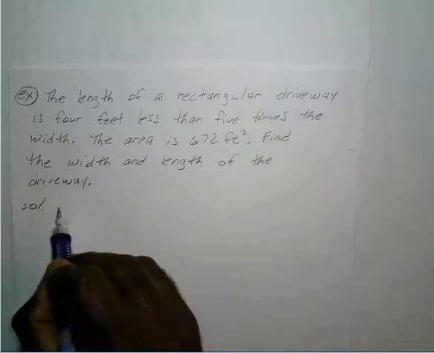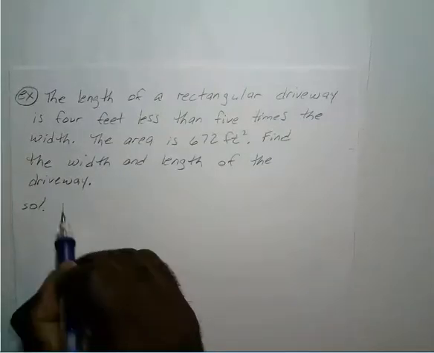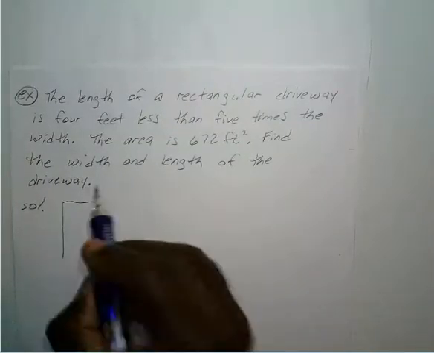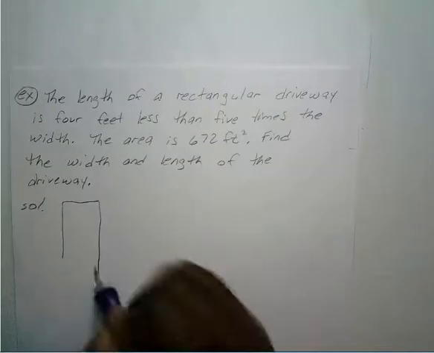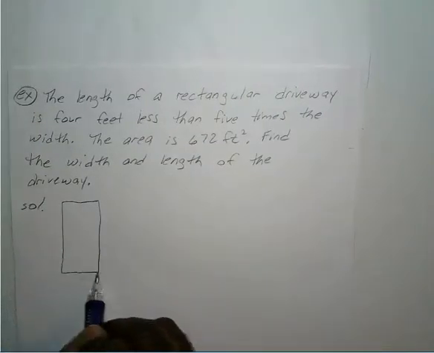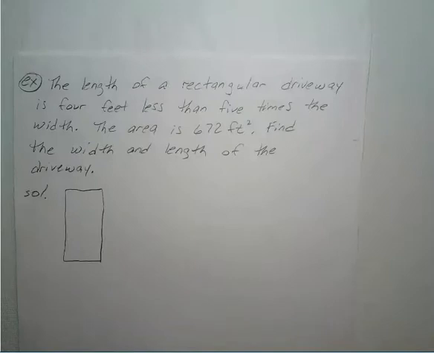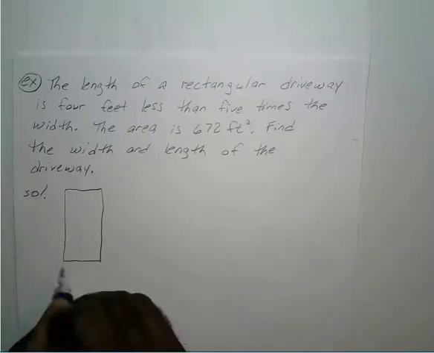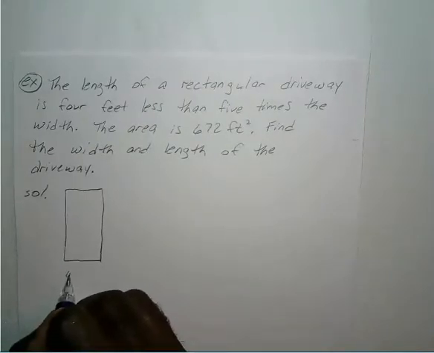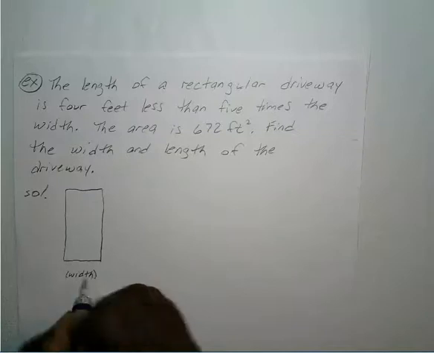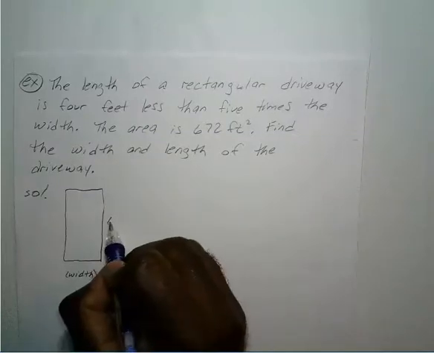Okay, so we're going to draw a little diagram of a driveway. Doesn't have to be anything special. Just a rectangular driveway where we'll make this our width and we'll make this our length.